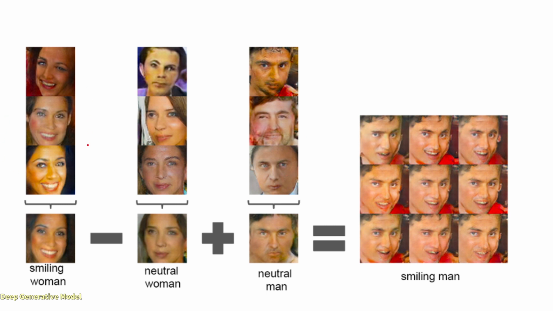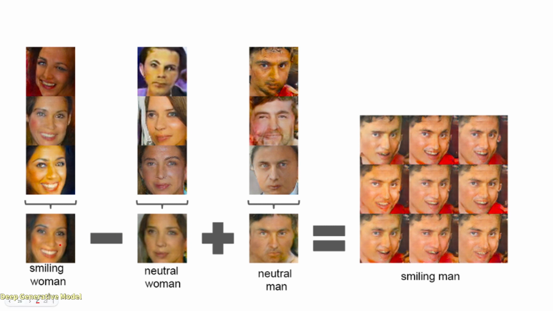You simply find the latents of these images and average them, find the mean, and that mean is more likely than not to generate an average or typical smiling woman. The same thing you can do for neutral woman and neutral man.